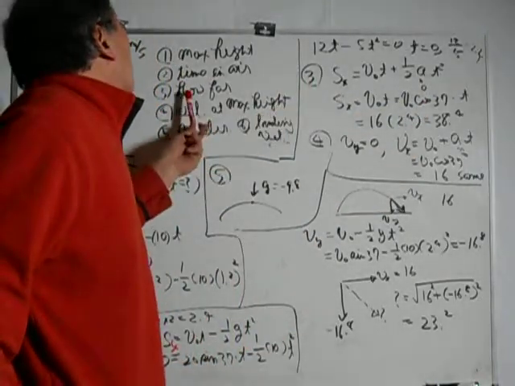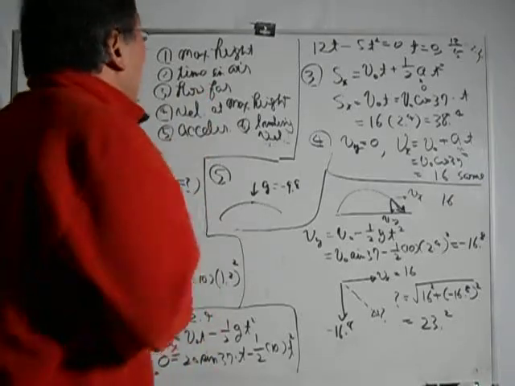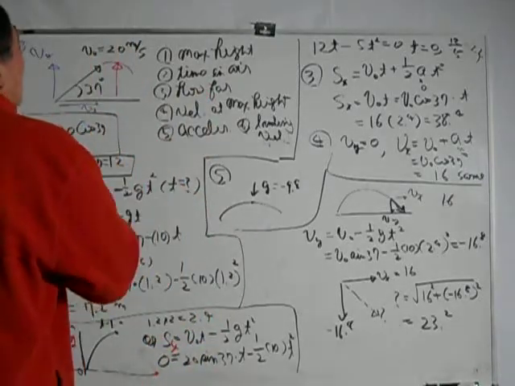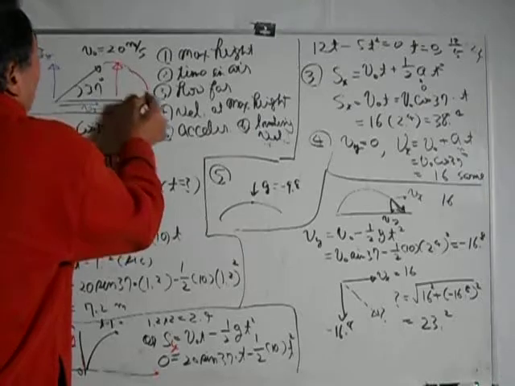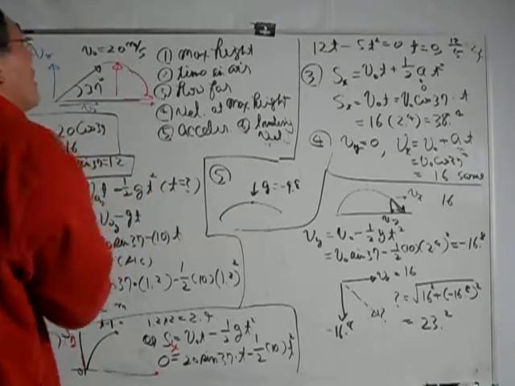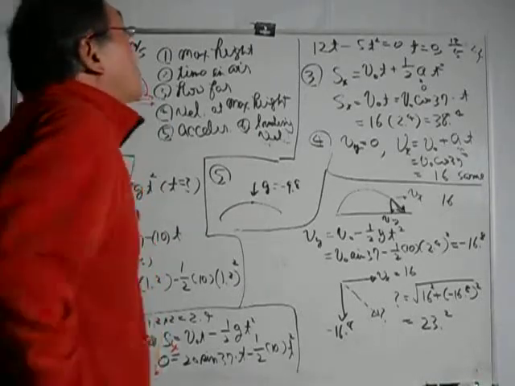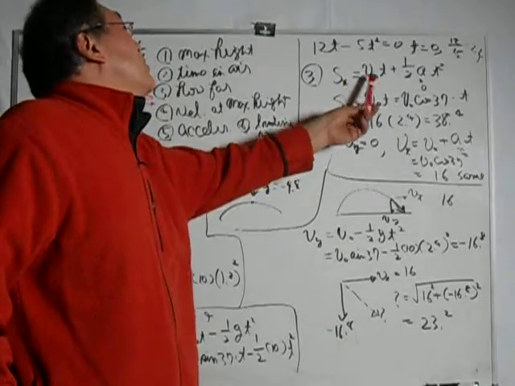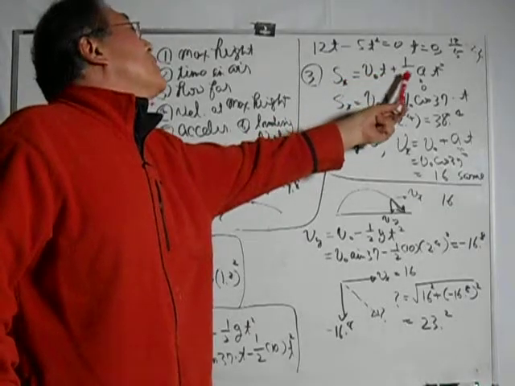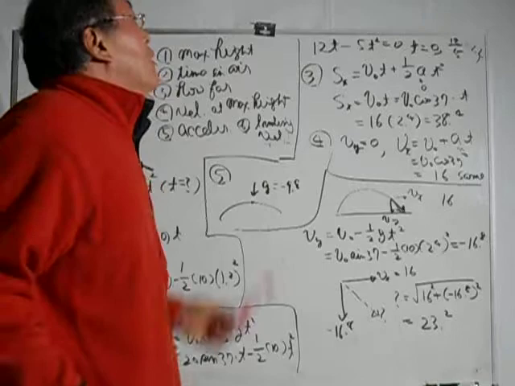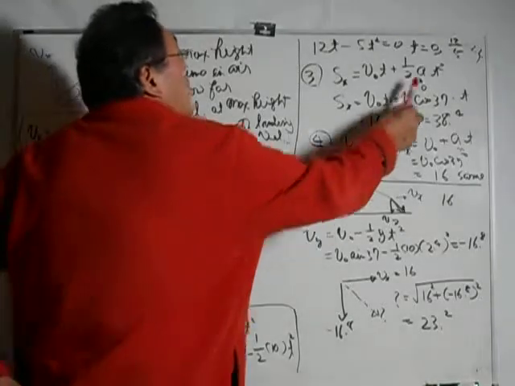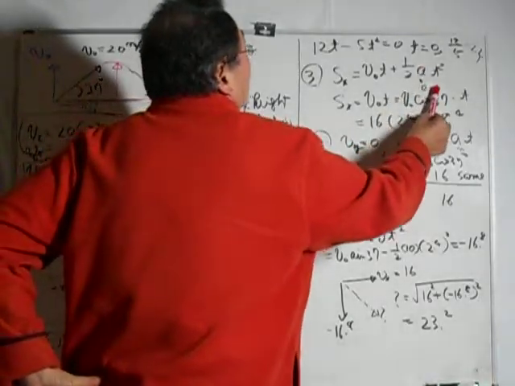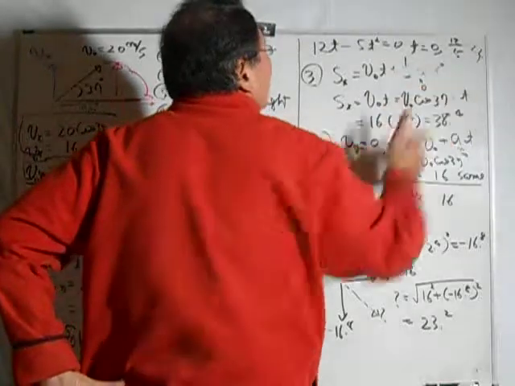Third one is how far. This is how far, so it goes this far, how far. So we're going to use the x formula, x direction. We're going to use V0t plus half a t squared. The ball doesn't have any engine, so acceleration is 0, so this term is gone.